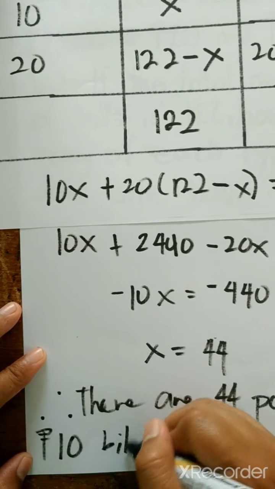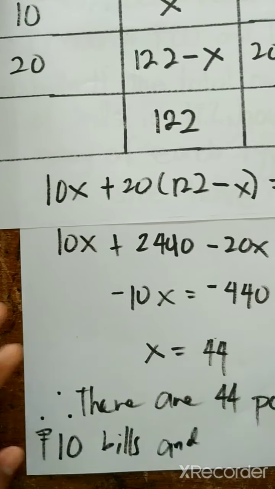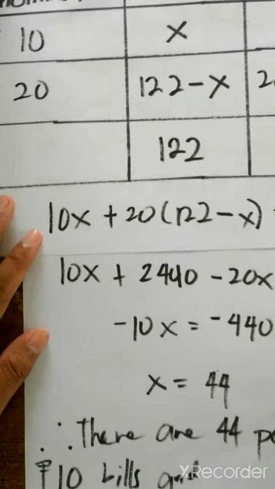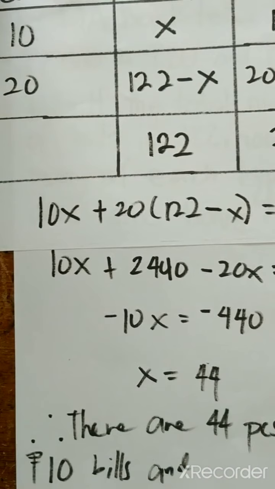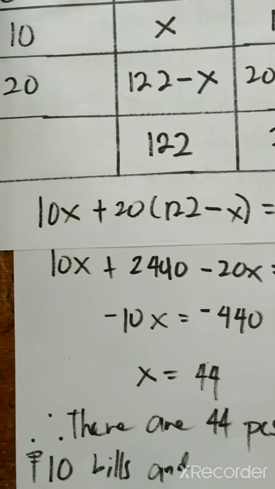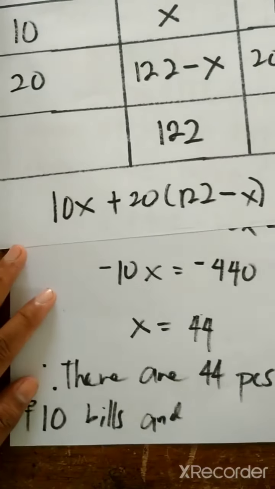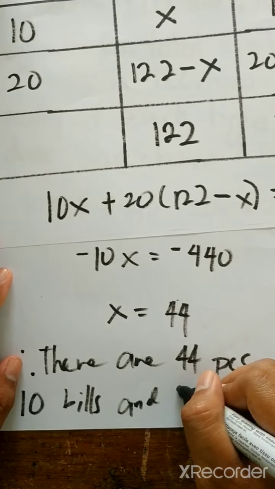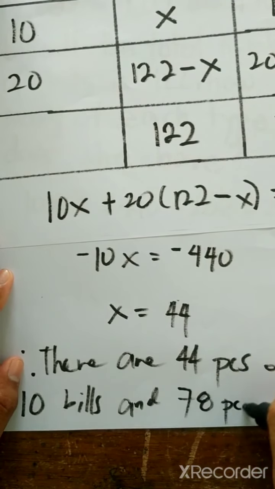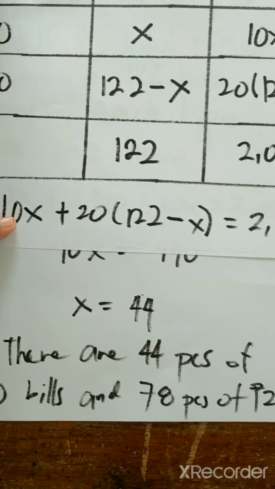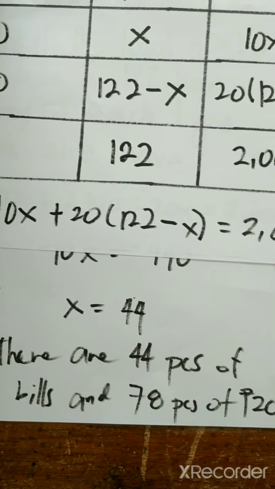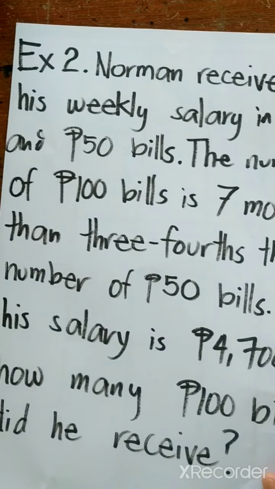And how many 20 peso bills are there? 122 minus 44 would give us 78. So we'll have 78 pieces of 20 peso bills. So 44 and 78 is our answer.